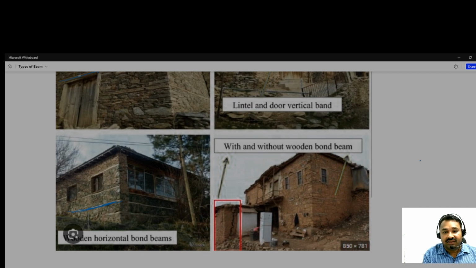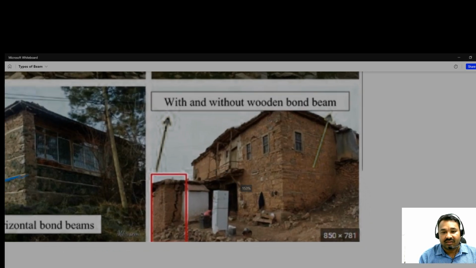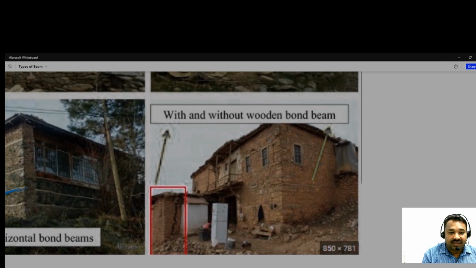And with and without wooden bond beam. ठीक है, तो ये आप देख सकते हैं, this is with and without. तो अगर without, अगर बीम नहीं लगा हो, if there is no beam, so see what happens here.